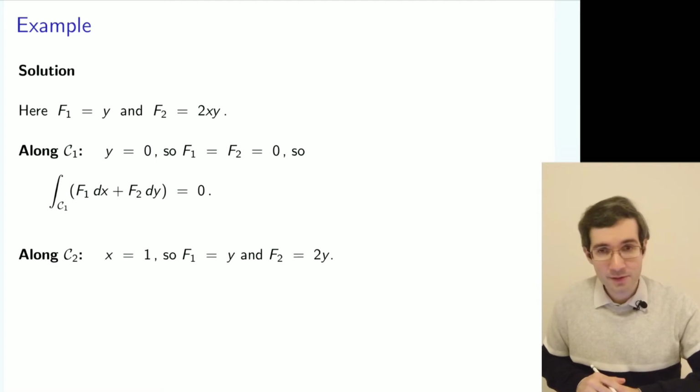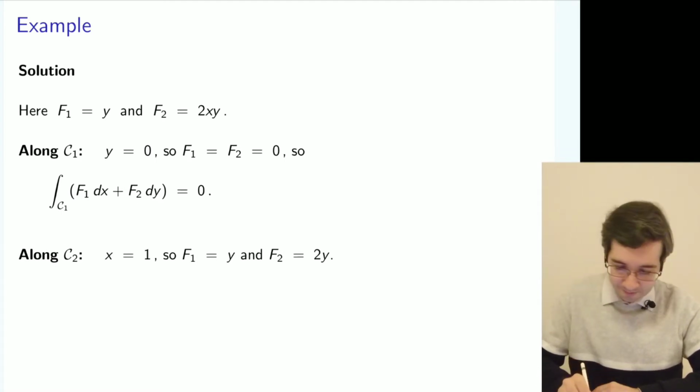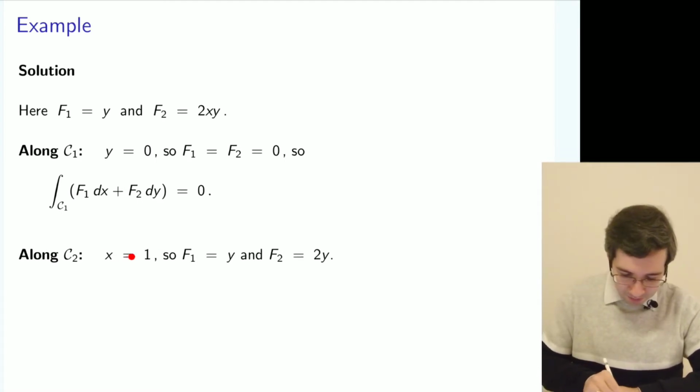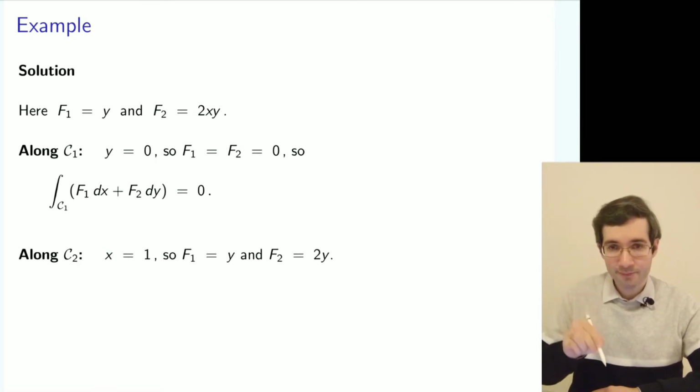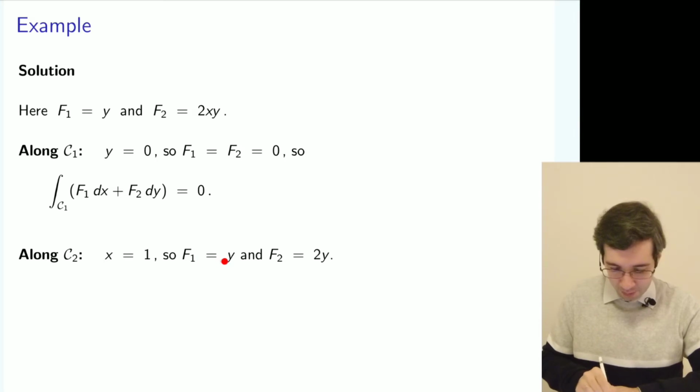What about the second curve, if we integrate along that curve? Well, this time we move along x equals 1, so we move vertically. And then f1 is y, because it does not depend on x. And the second component is 2y, so we'll substitute x equals 1 here.